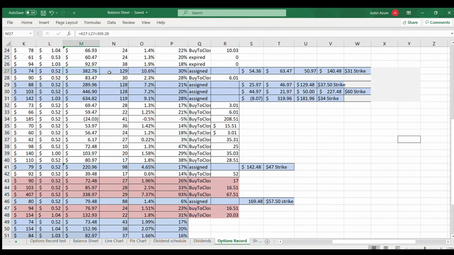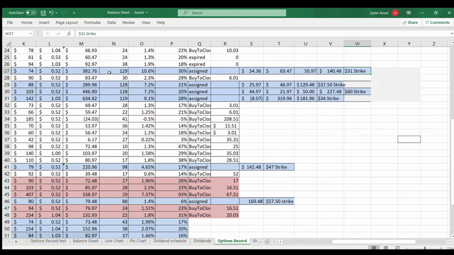And then once these get called away, which they probably will, we'll do the final: how much I sold the contract for, do all my cost basis, and then we'll figure out my profit and loss. But as time goes on and I sell more covered calls, I just add it to this line, and the last number on my line is the strike price.